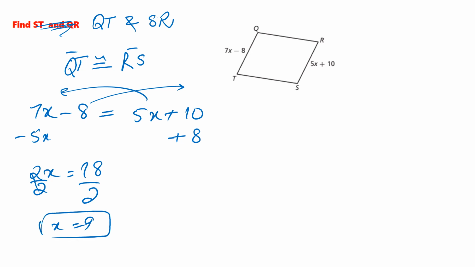Now find out the value of QT, which is 7x minus 8. So replace x by 9. So 7 times 9 is 63. 63 minus 8 is 55.